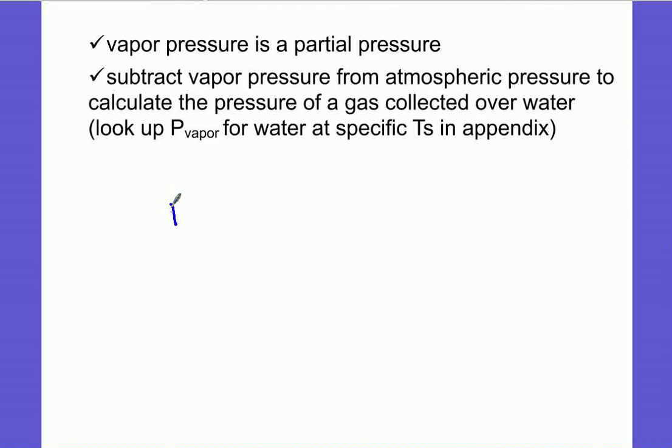So again, it's just a P total. I have this pressure that I can read in my container, but I have to realize that part of that pressure comes from whatever gas it was that I was collecting, but the other part comes from water. And so I have to subtract the water to figure out a total.